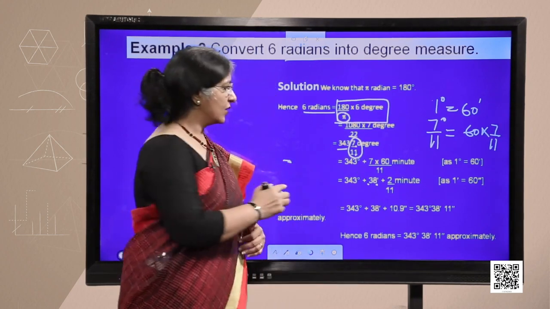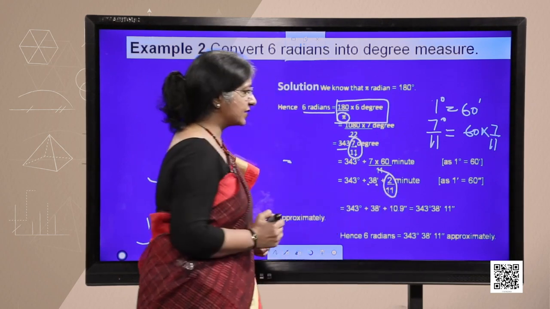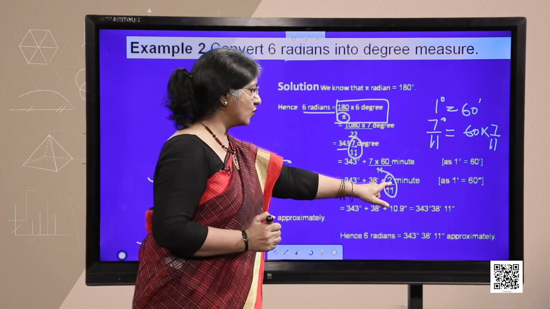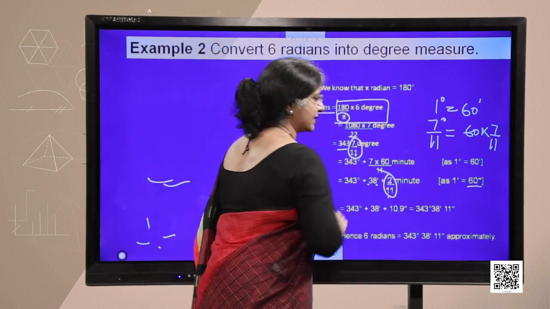Then again 2/11 minute is left, which is again a proper fraction. We need to convert this 2/11 minutes into seconds.